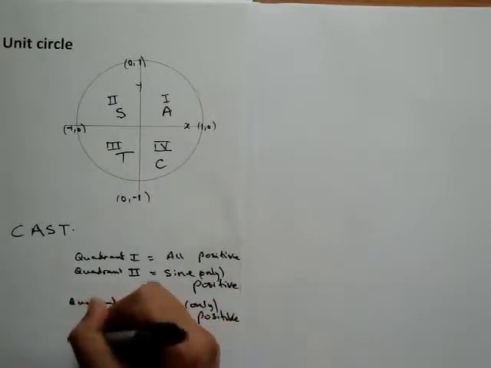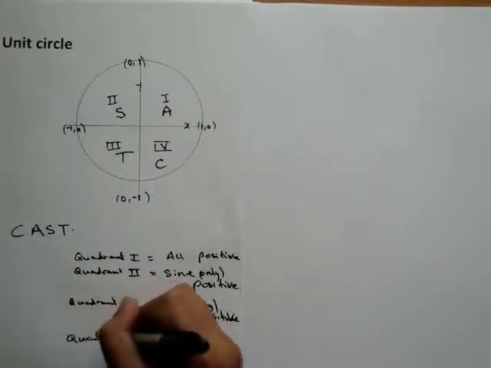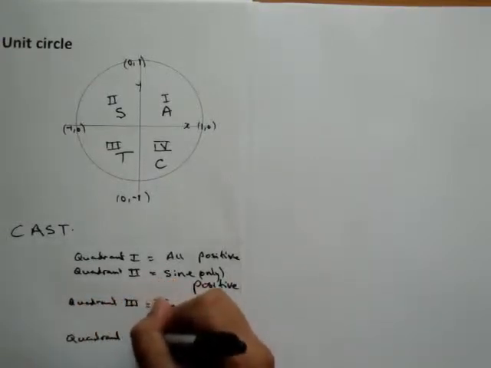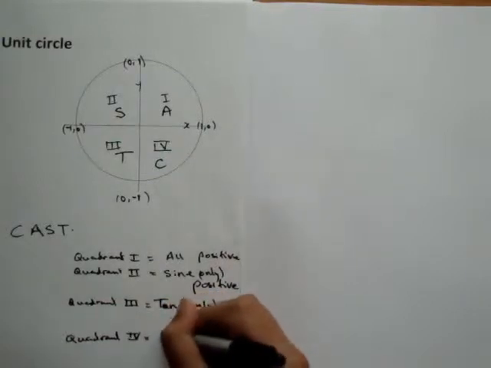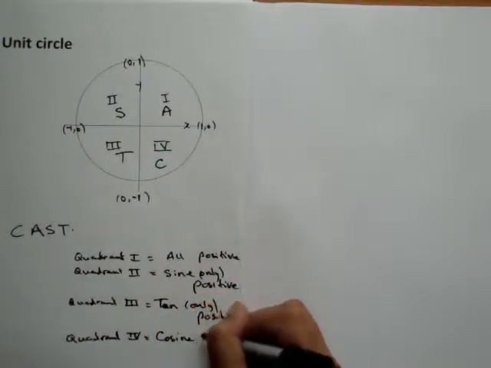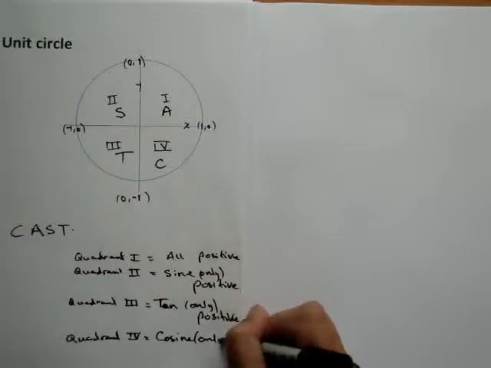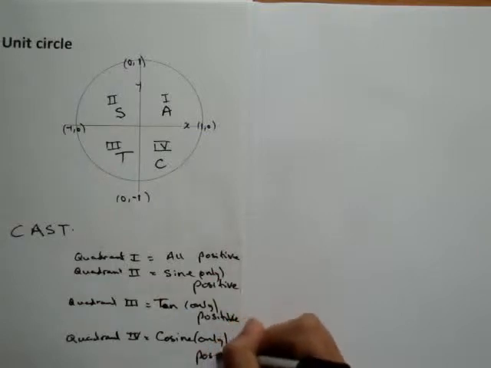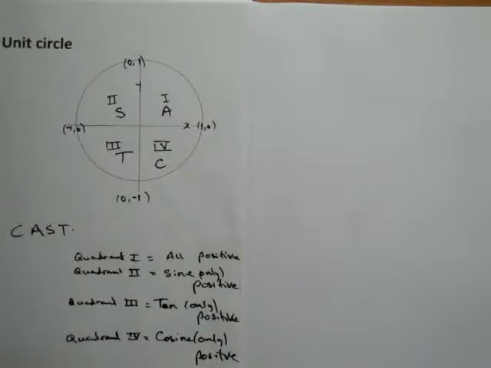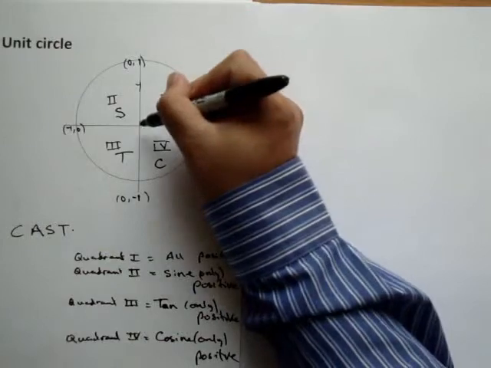And in quadrant 4, only cosine is positive.